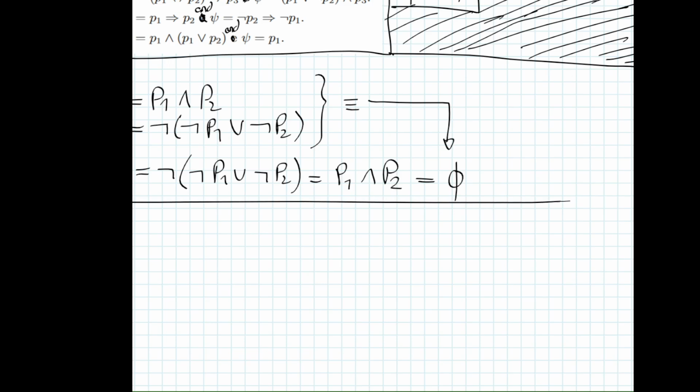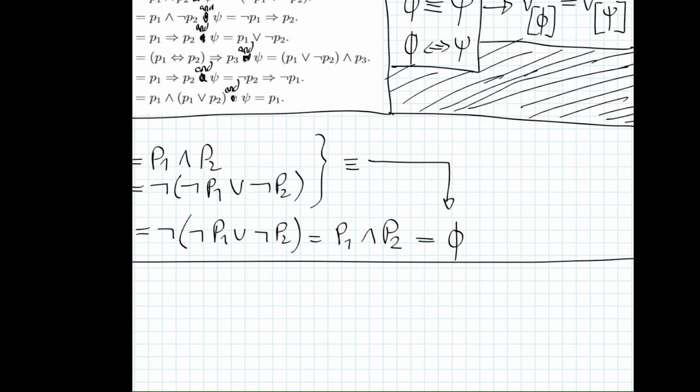Okay, so that's the answer, and we can move on to the next question, part B. We have phi equals P1, let me be more civilized with my method of writing, P1 conjunction with the negation of P2, and then we have psi, which is the negation of P1 implying P2.